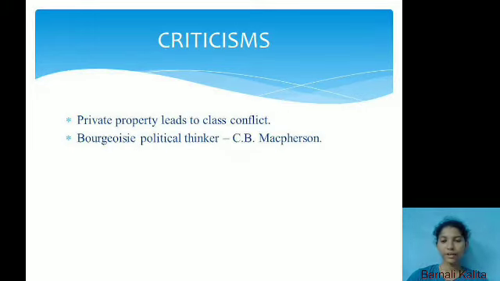Now we move forward towards the criticism part. Like the theories of other political thinkers, the theory of private property is also not free from criticism. So the first criticism against the theory of private property is that private property leads to class conflict. According to the critics, the theory of private property will lead towards a class society. In a class society, there will be two classes. One is the rich and the other one is the poor.